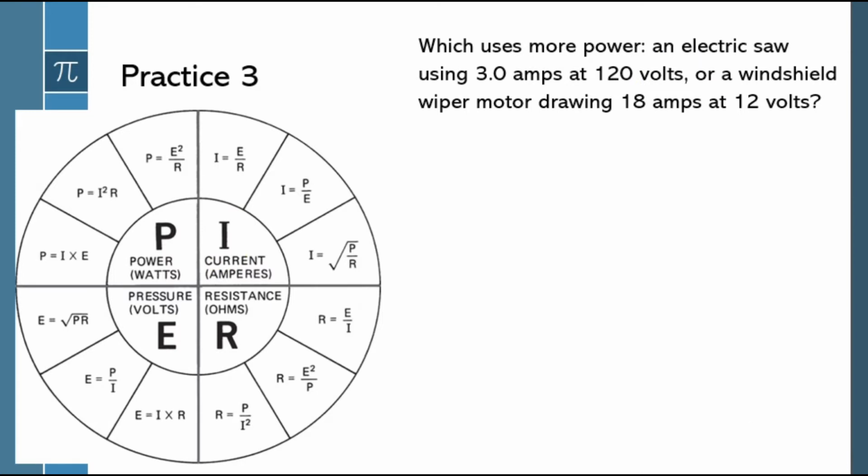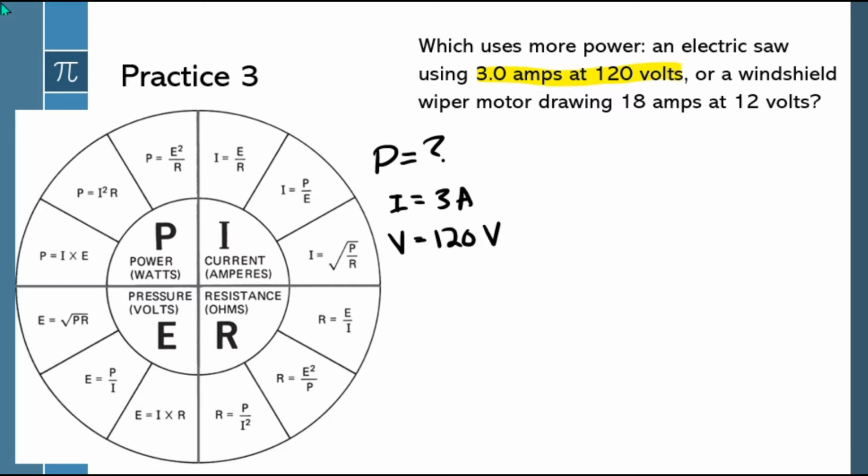This question is comparing power for 2 different devices, appliances, on looks like an AC system and a DC system. So we want to find power in 2 situations. We have, for the first item, the electric saw, current of 3 amps, voltage of 120 volts AC.